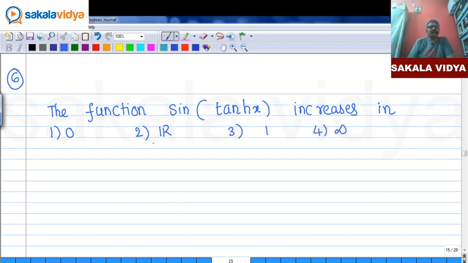The second option will be the right option.